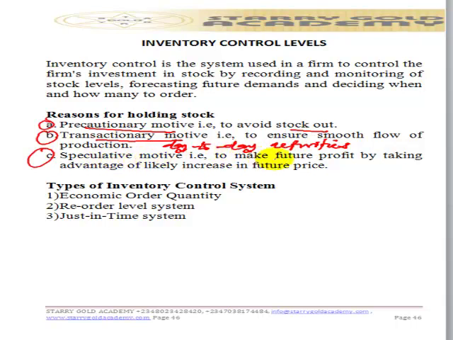Speculative motive, to make sure that make future profit by taking advantage of likely increase in future price. So the company can buy more of a commodity now to ensure that at the time the price will increase, they will take the advantage of the increase in price.